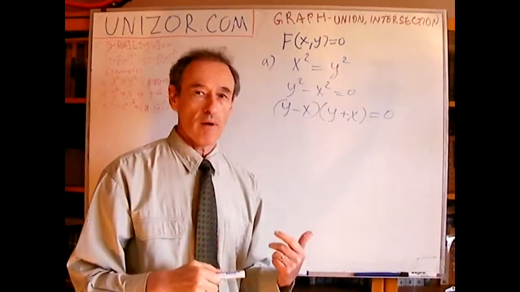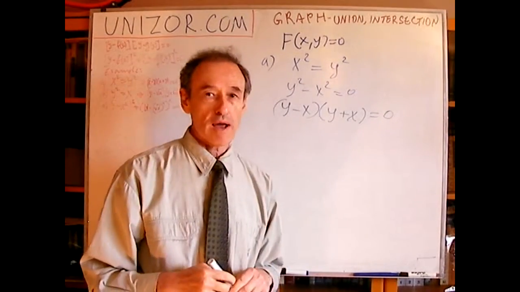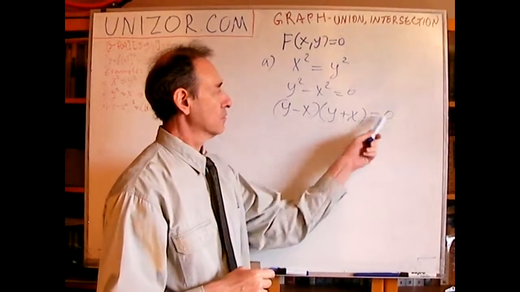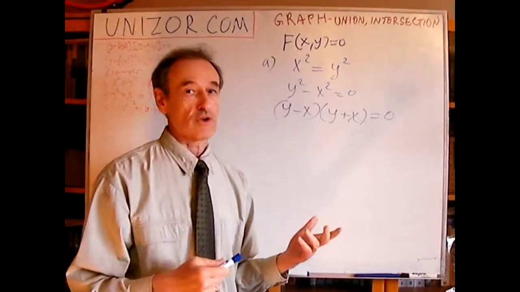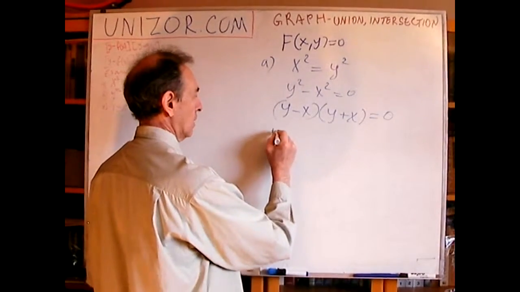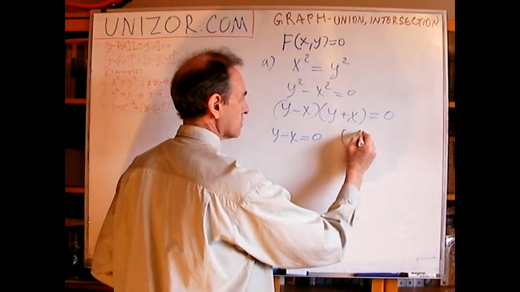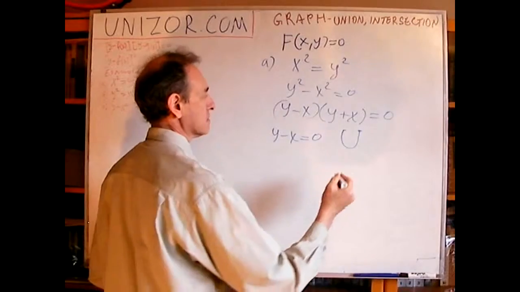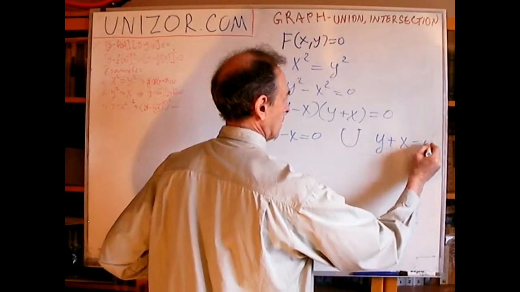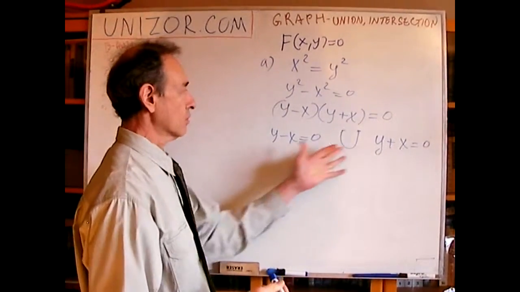Now we remember that if you would like to draw a graph of the product of 2 functions of 2 arguments, x and y, equal to 0, then it's a union of this, and I will use the sign of union from the set theory, and this. So what's the union of these 2 graphs?